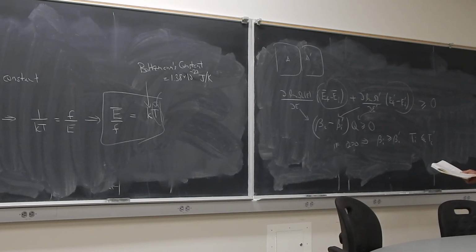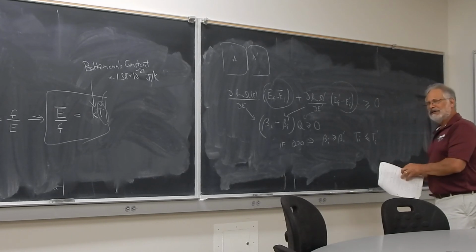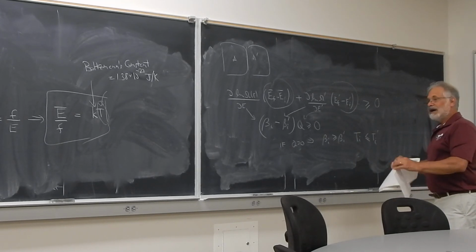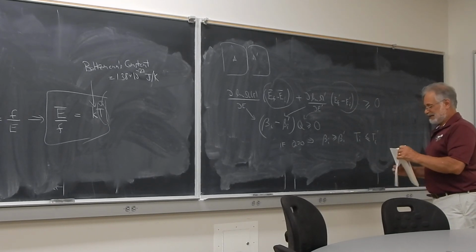All we're saying is that positive heat is absorbed by the system which is at the lower temperature. Warmer system is at a higher temperature, colder system is at a lower temperature. So this is an indication then of temperature and the coldness or hotness of an object.